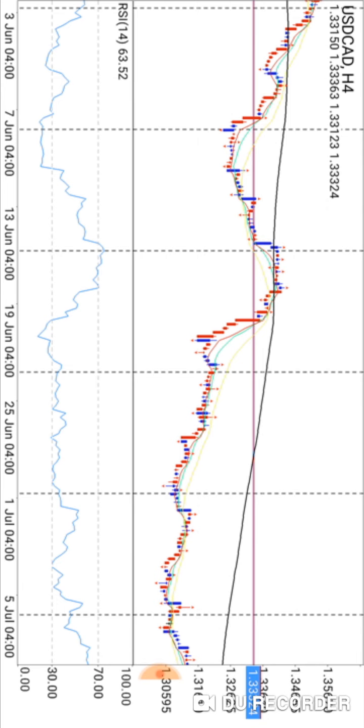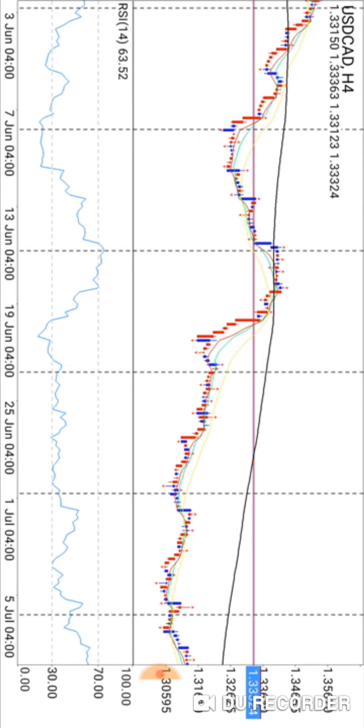The red one will be down, followed by the greenish one, followed by the yellow one. It's an indication that the market is selling. Whenever the red one is down, followed by the greenish one and the yellowish one, with the 200 moving average on top, and the market is below the 200 moving average, that is a selling signal. You understand?